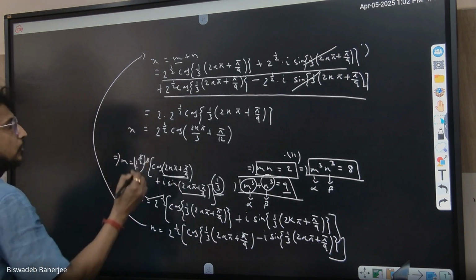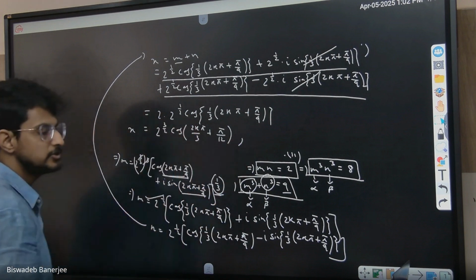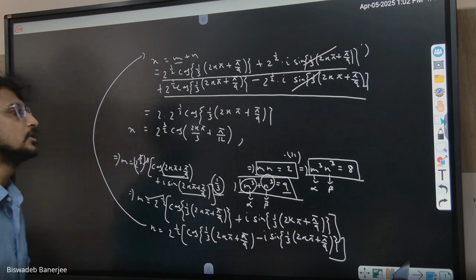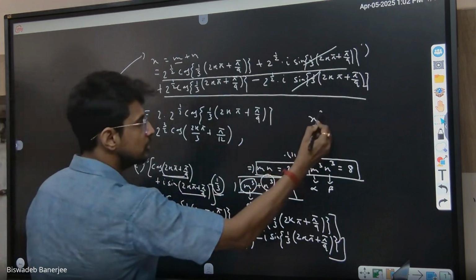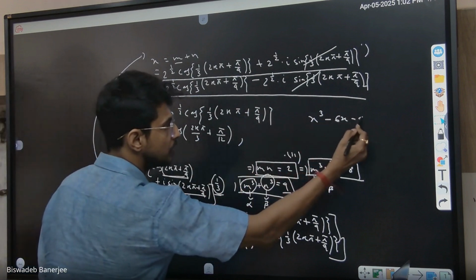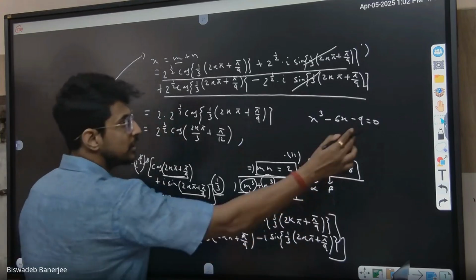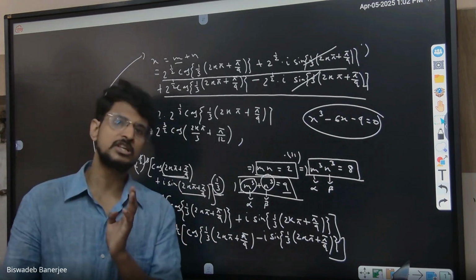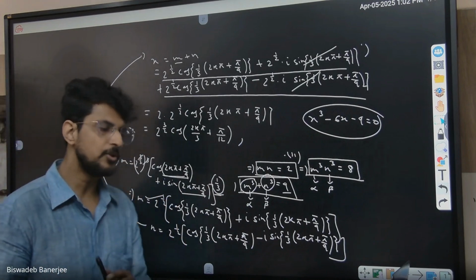This is my x. Now, what is k? What is the range of k? As we have discussed in the complex number chapter, the question is x cube minus 6x minus 4 equal to 0. So there is a cubic equation. That means this equation has 3 roots. How can we obtain 3 roots?